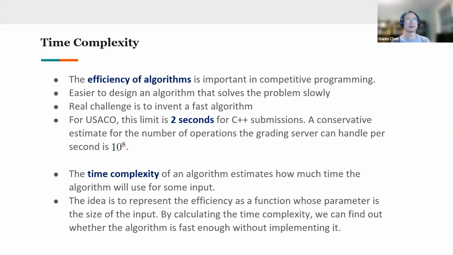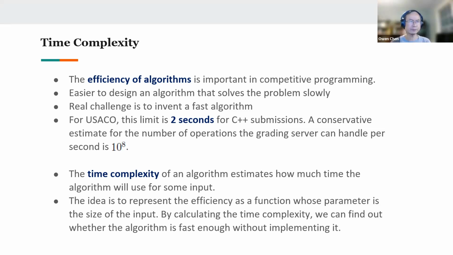In competitive programming, efficiency is very important. If you write your program and it runs a long time, then it exceeds the time limit. For USACO's problems, the limit is 2 seconds for a C++ program.